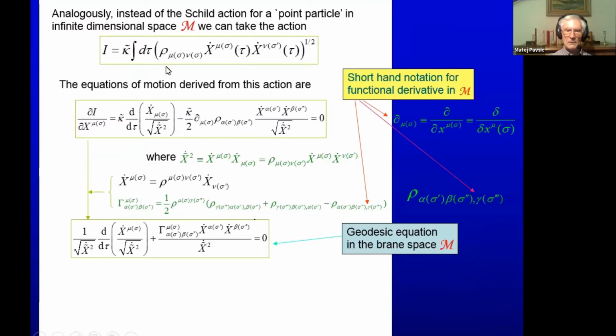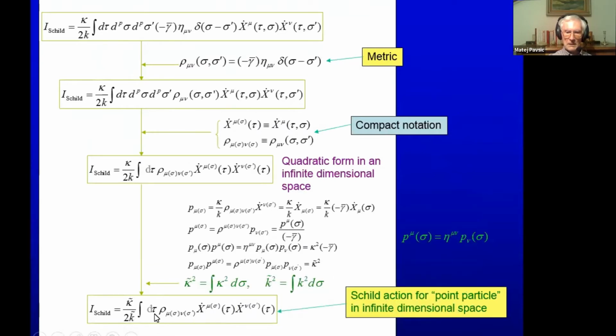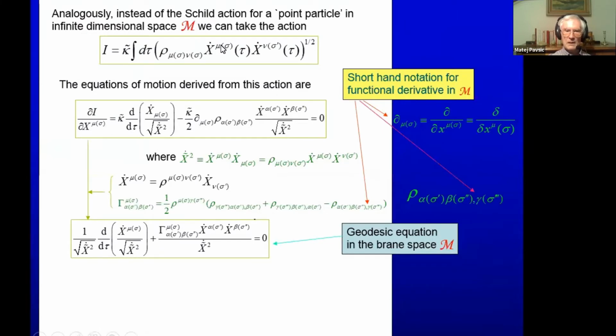So instead of this action here, okay, this k is analogous to mass. Here we have mass over k, but then a relativistic point particle action is just this mass without this k. And so we also have here just k tilde, which is analogous to mass in the infinite dimensional brane space.